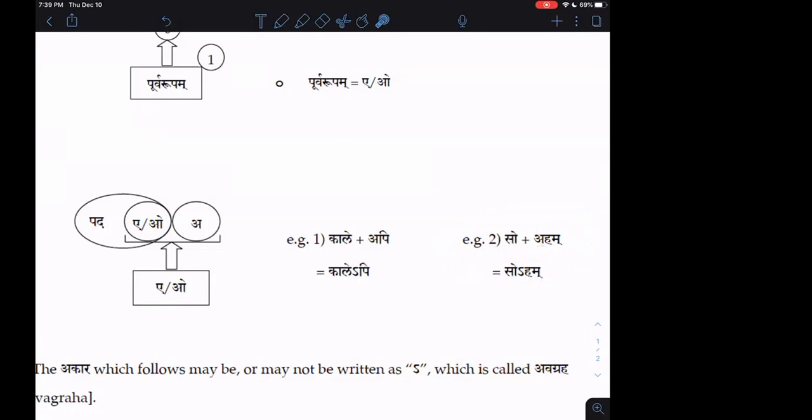It's just O. So does it mean when there's an avagraha, there is always an A or an O? A lot of times. I'm afraid to say always. You can never say always in Sanskrit, but a lot of times.